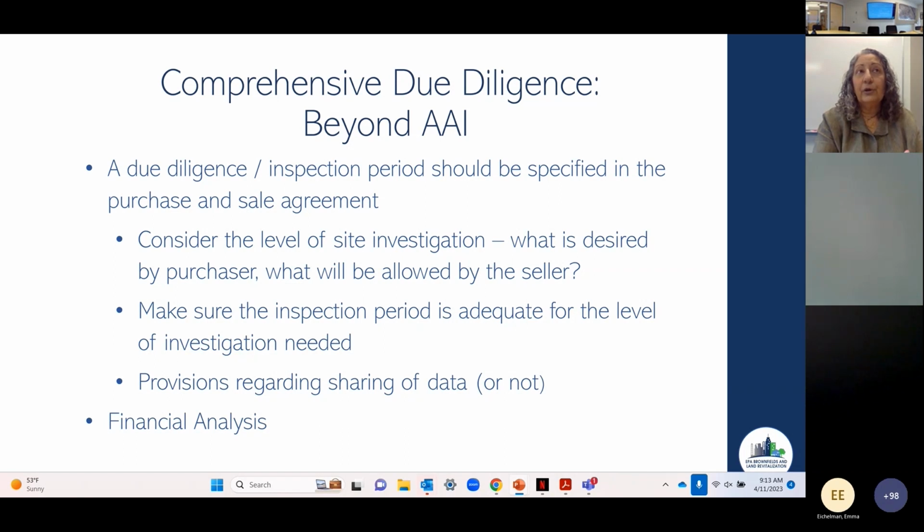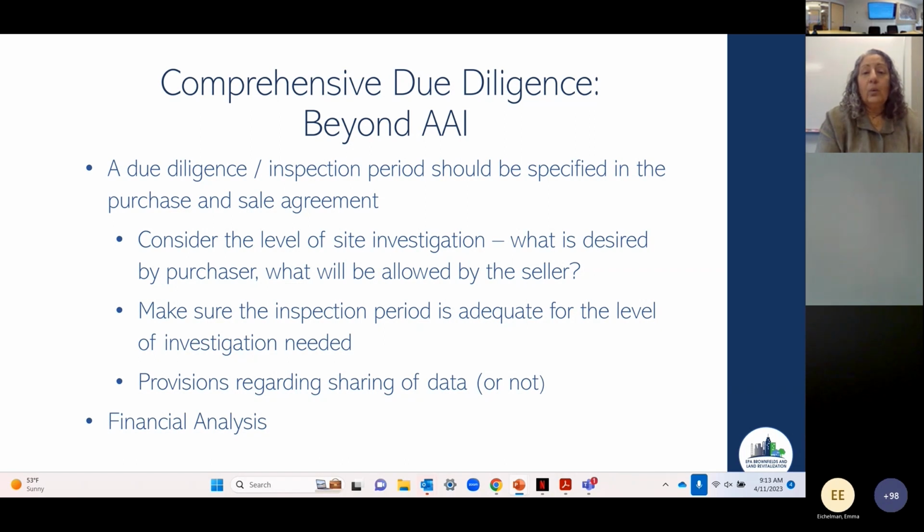The end of that inspection period is referred to as the date when the money goes hard, which is to say becomes non-refundable. At that point, if the transaction is terminated by the buyer after that date, they lose their deposit. So you want to have, as a buyer, as generous and long a due diligence inspection period as possible.